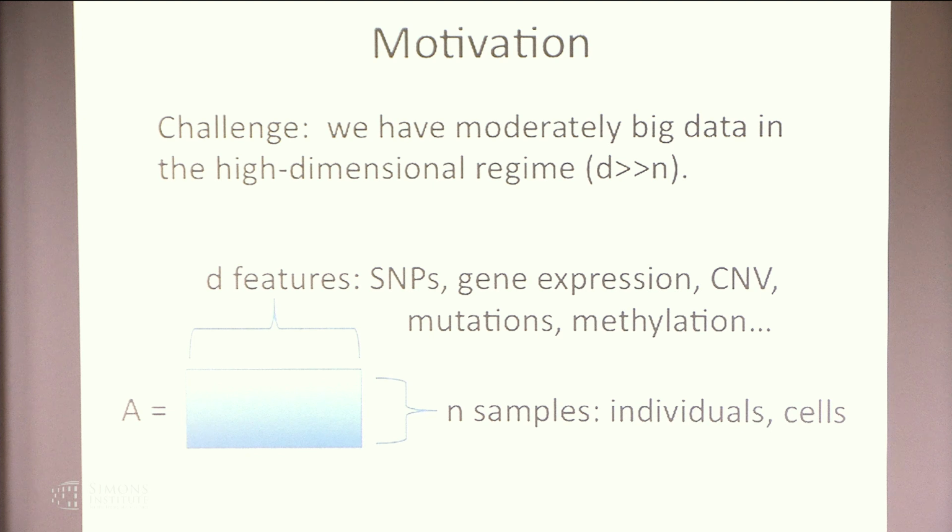So here we're thinking also that our data is in the high dimensional regime, so we have many more features than we do samples. And this occurs very frequently in biology, where we have a data matrix A, where the rows of the data matrix are samples, and these are from individuals or from tumors or from cells, and the columns are different features that come from, in my case, genomic data. So this could be single nucleotide polymorphisms called SNPs, which look at different loci in your genome.